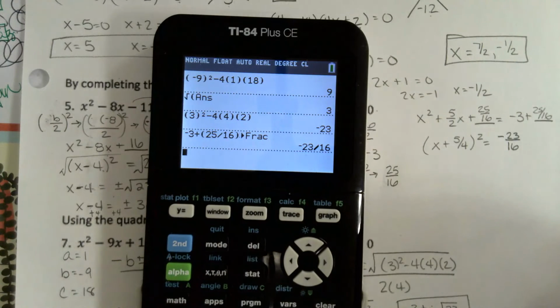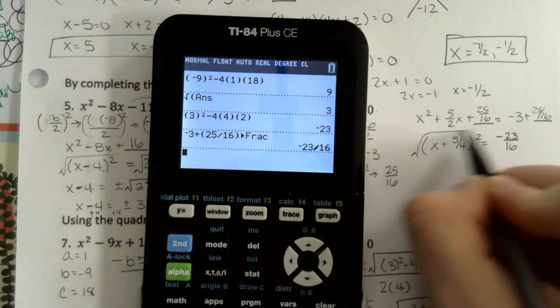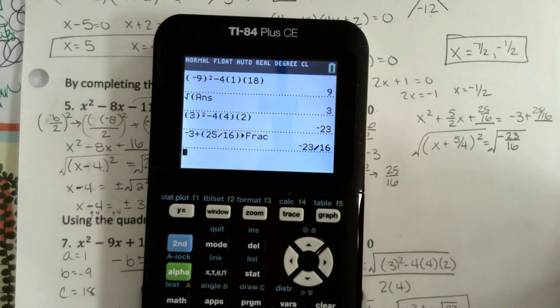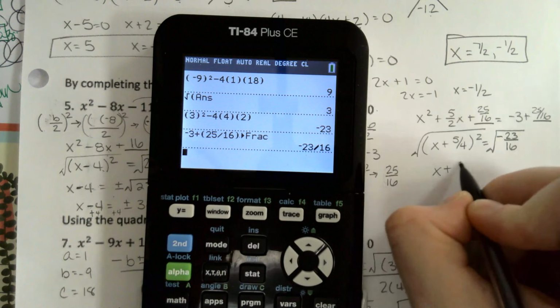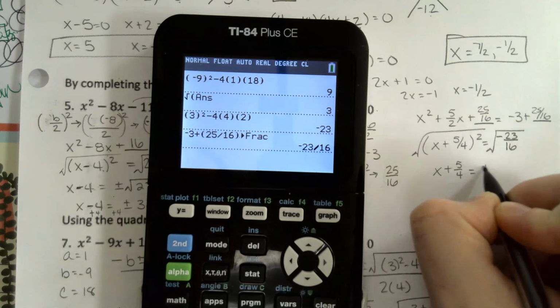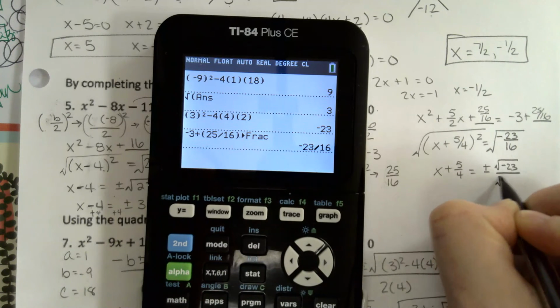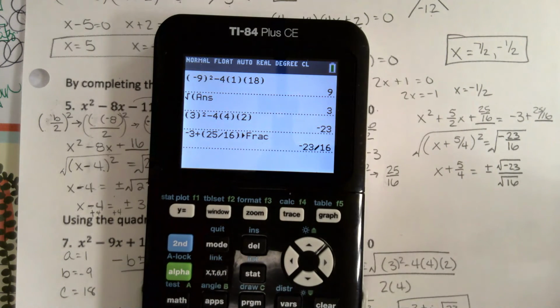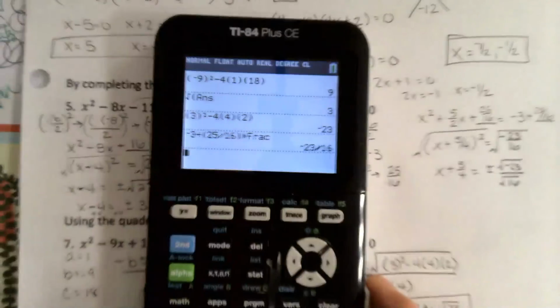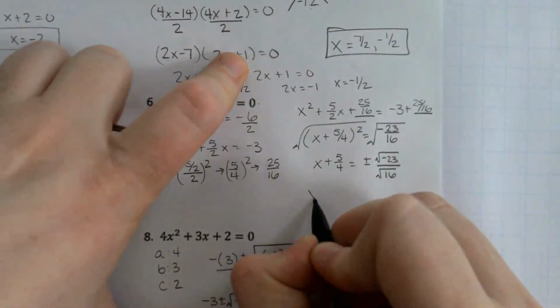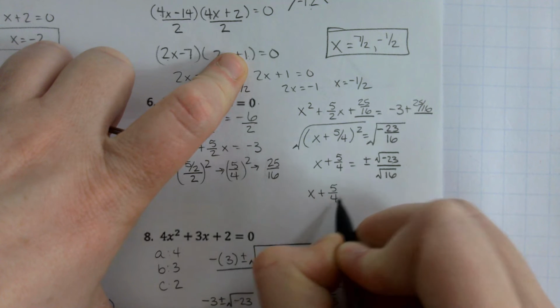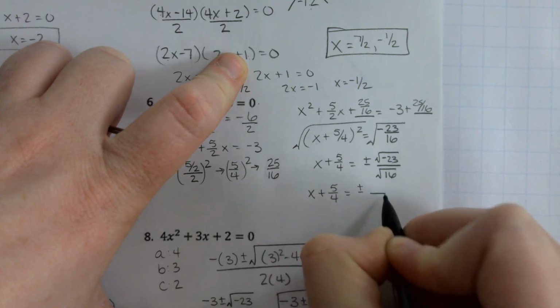Okay, so I'm going to take the square roots of both sides again. I'm going to get x plus 5/4 equals plus or minus the square root of negative 23 over the square root of 16, because you square root both parts, tops and bottoms. So with that, I'm going to get x plus 5/4 equals plus or minus something over 4.